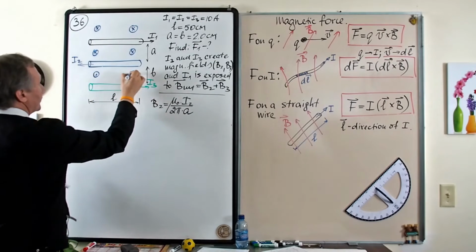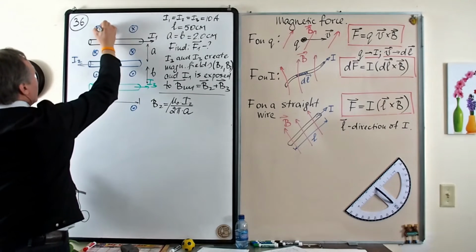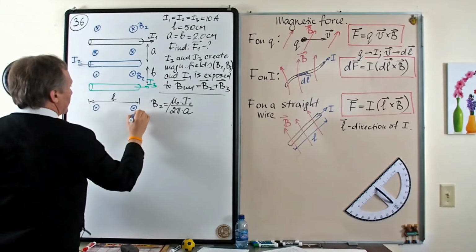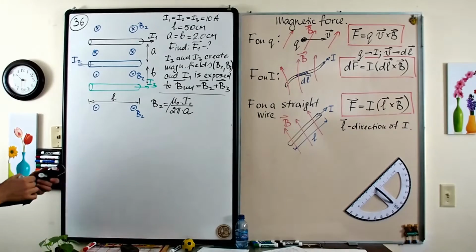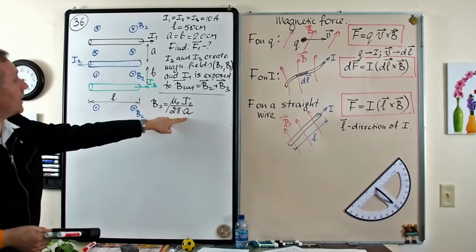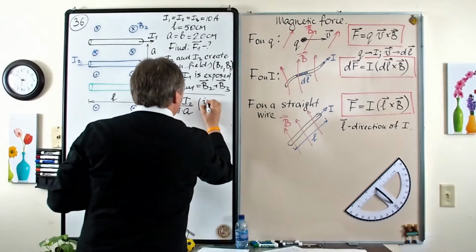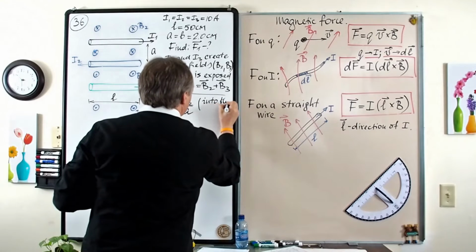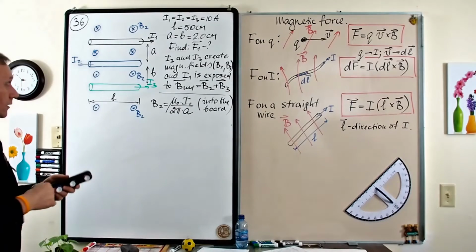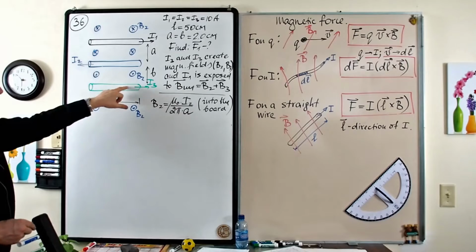In your homework, you will need this. And even here below, we will have dots. That is B2, right? So at the place of the wire I1, direction of that is into the board.